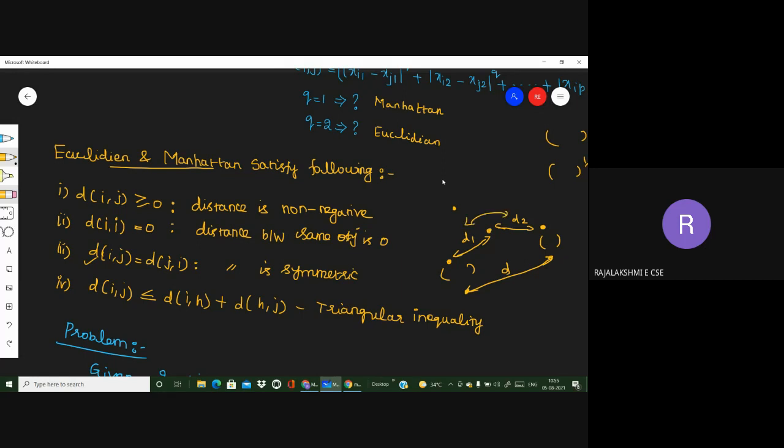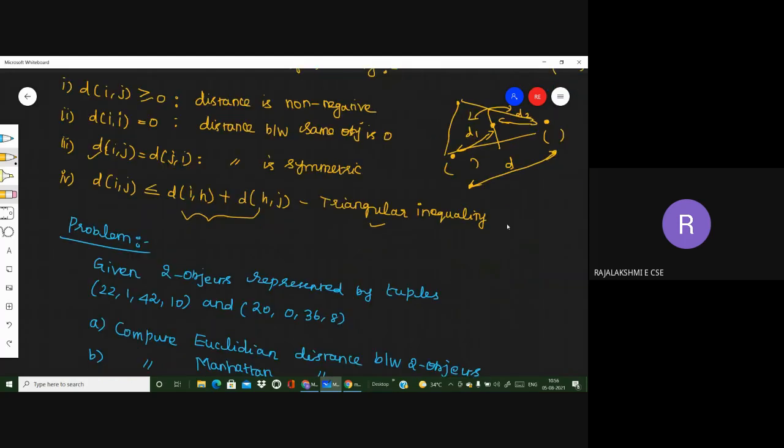Whether I calculate the distance directly or split it into two parts, it is the same or longer. That is what they have said here: it will always be less than or equal to dih plus dhj. This is the triangle inequality. So these are all the conditions that the Manhattan and Euclidean distances must satisfy.